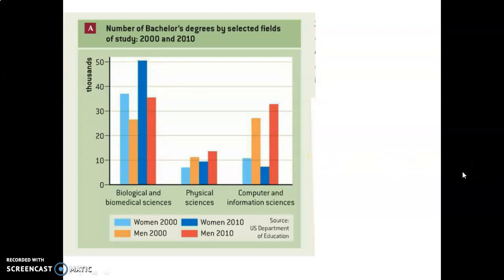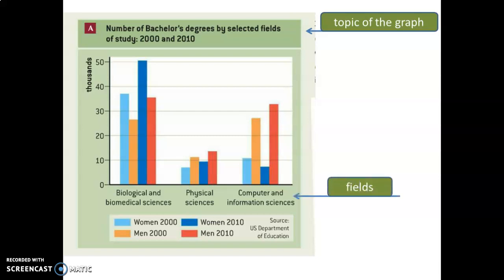Okay, when we see a chart or a graph like this, the first thing we need to look at is the topic. So what does the graph describe or explain to us? So this is about bachelor's degrees, the number of bachelor's degrees selected by fields, and you have the years as well.